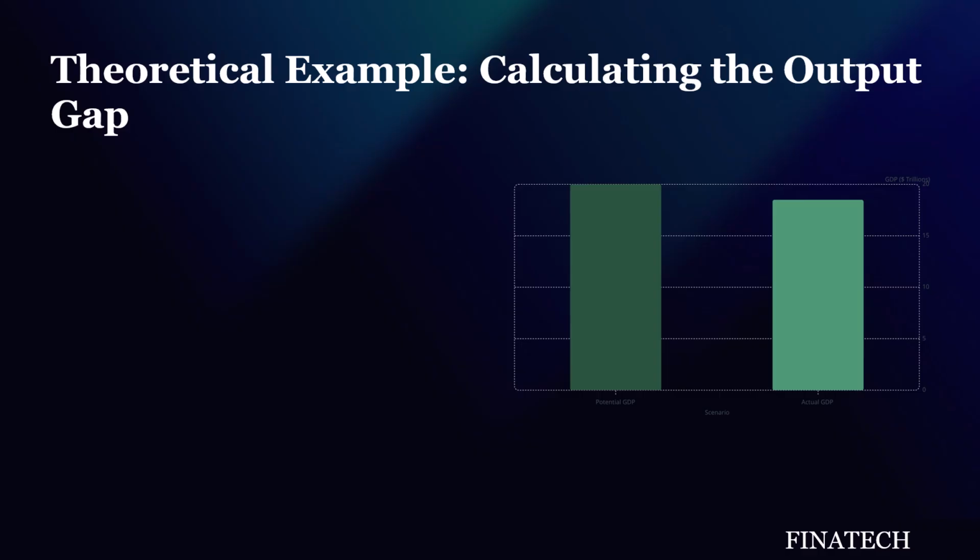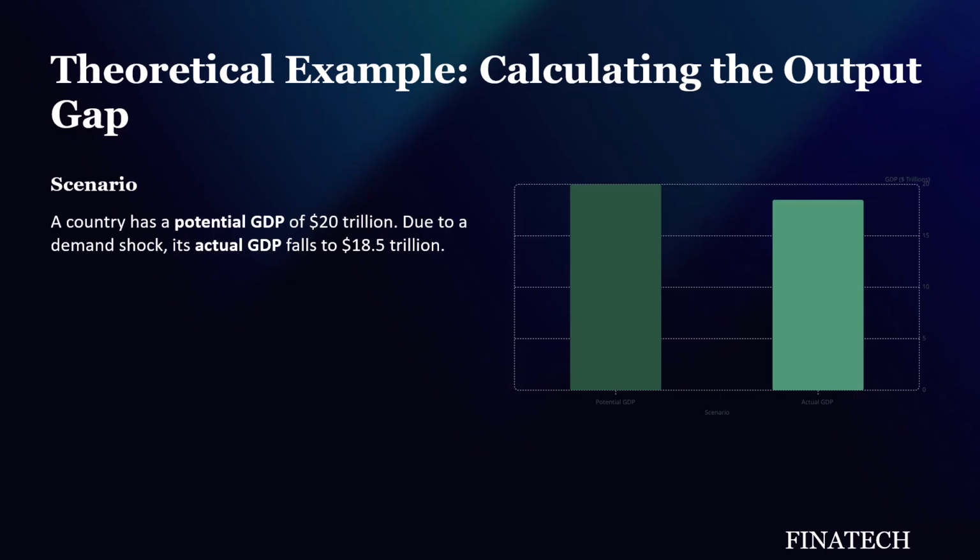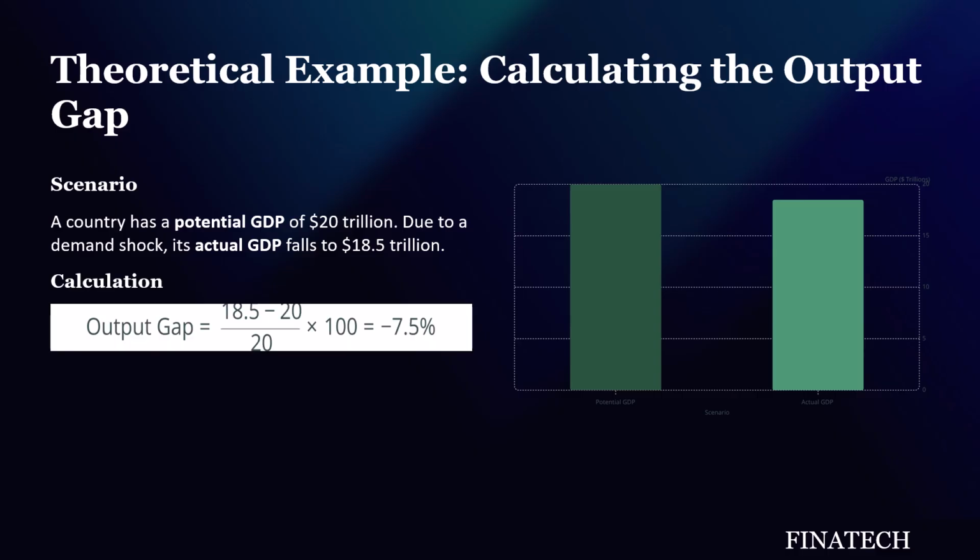Theoretical example, calculating the output gap. This is the scenario. A country has a potential GDP of $20 trillion. Due to a demand shock, its actual GDP falls to $18.5 trillion.